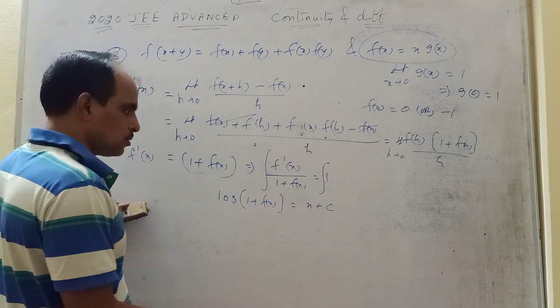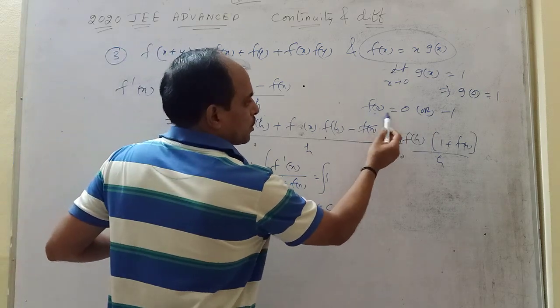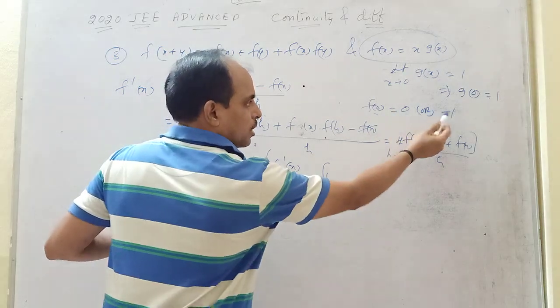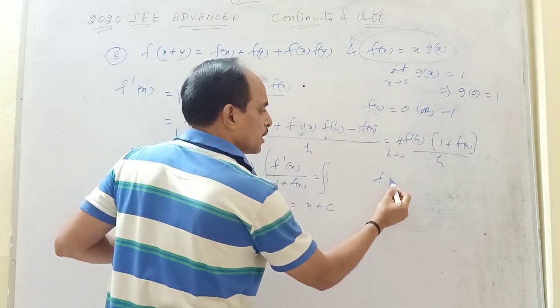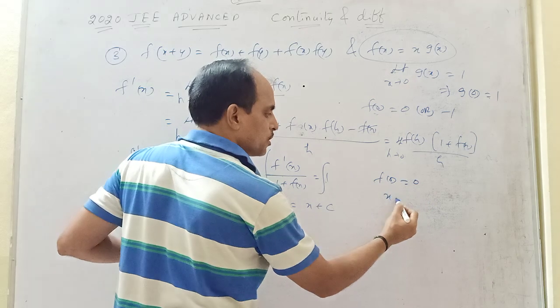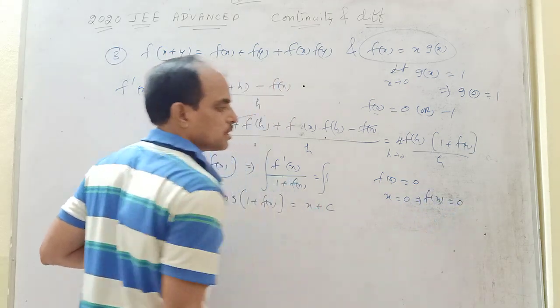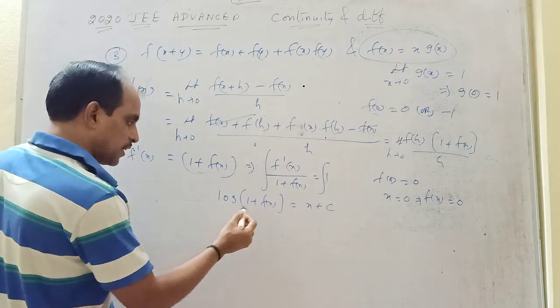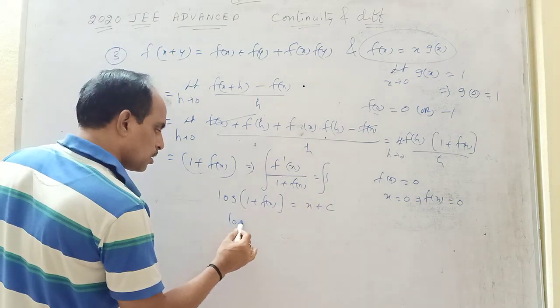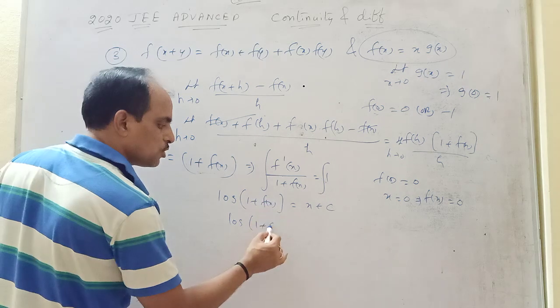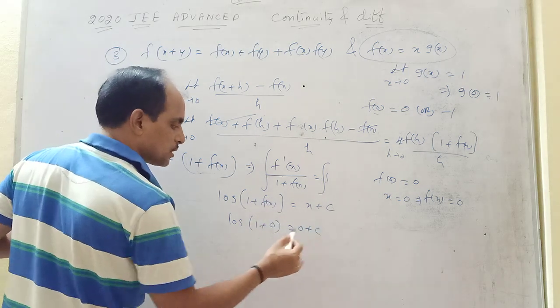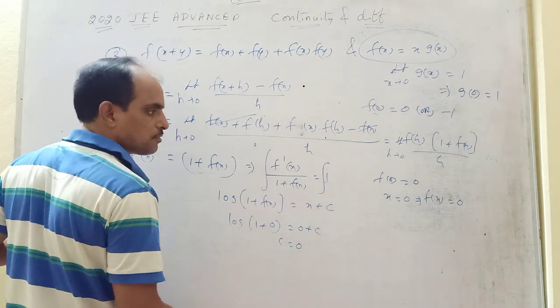Okay. Now we have one value, f(0) is equal to 0 or minus 1. I am taking f(0) is equal to 0, which means x is equal to 0 implies f(x) is also equal to 0. So if x is equal to 0, log of 1 plus f(0) means 0, 0 plus c, log 1 is equal to 0, c is equal to 0.